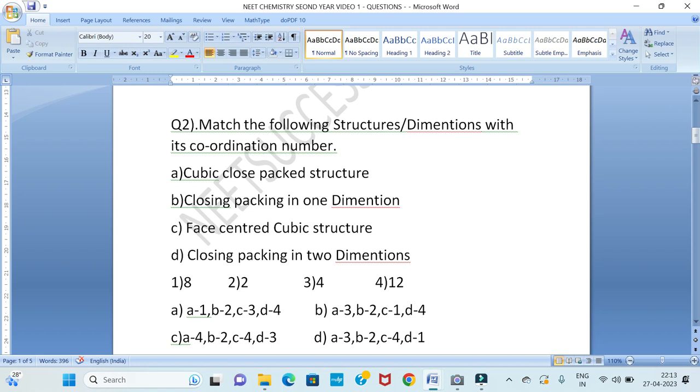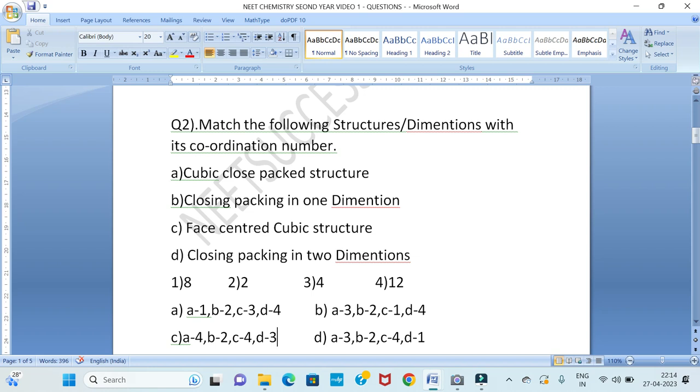So the answer is C. Cubic closed packed structure: first we see the small number. 4 means 12, 4 means 12, 2 means 2. So B2, B we are taking first. Close packing in one dimension: the answer is B2.